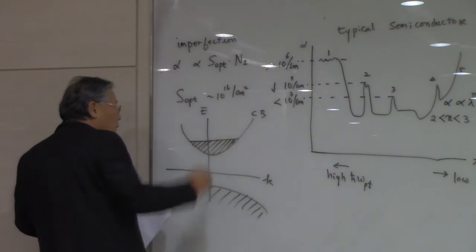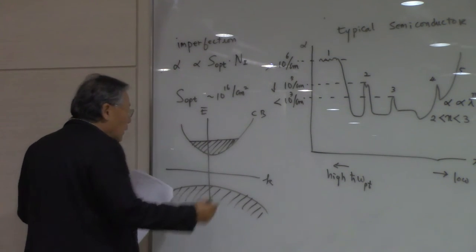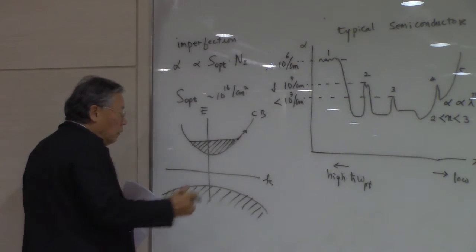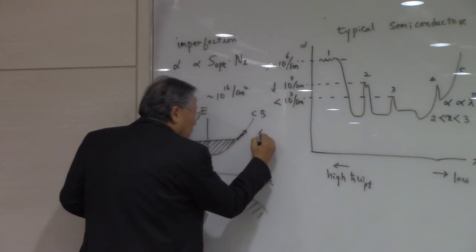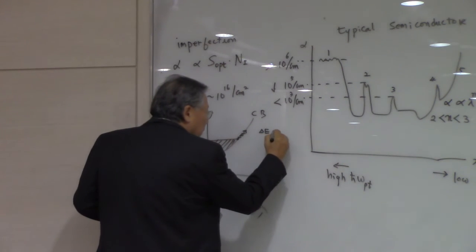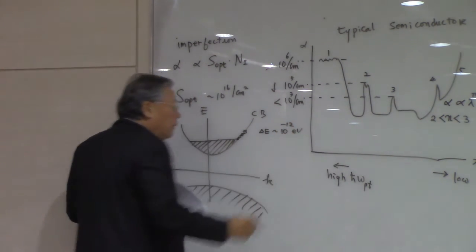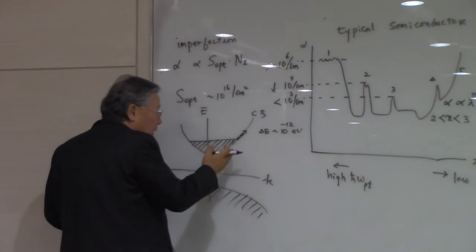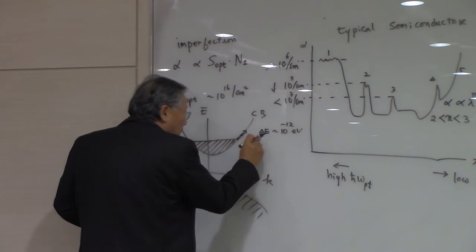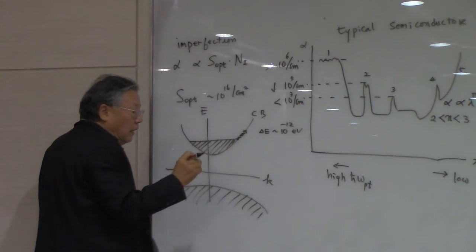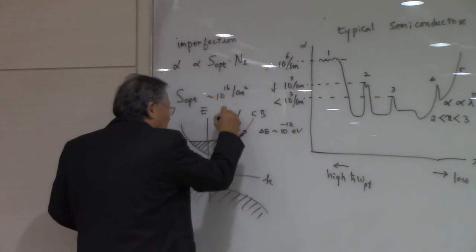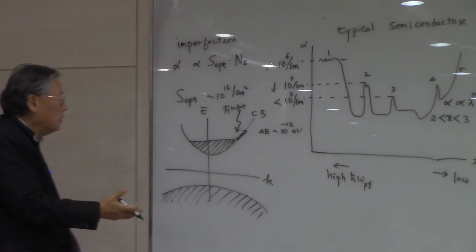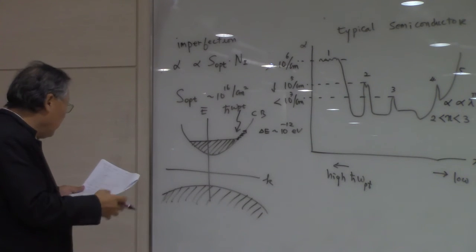But the conduction band has to be partially filled so that the electron can move to the empty states, which have a separation, an energy gap, of about 10^-12. That's small, so we just treat it as a continuous band, right? And then the hopping of electrons to the next nearest empty states by absorbing the light energies is going to be called the free carrier absorption in metals, by free carriers.